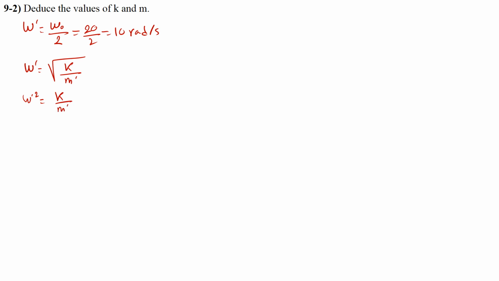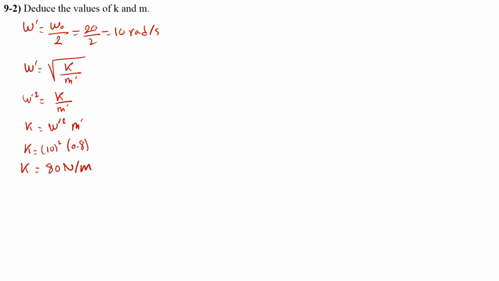Then k is equal to omega prime squared multiplied by m prime. Let's replace: k is equal to 10 squared, omega prime we found it as 10, multiplied by m prime, which is 0.8, and we will get k as 80 newtons per meter. We found the stiffness or the spring constant k.